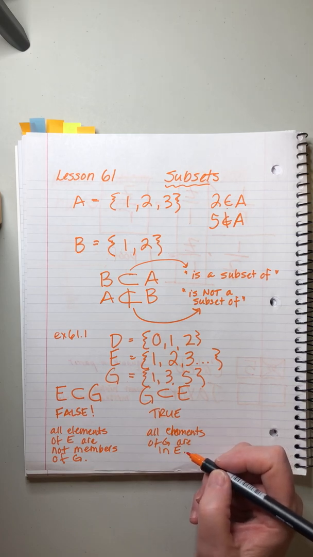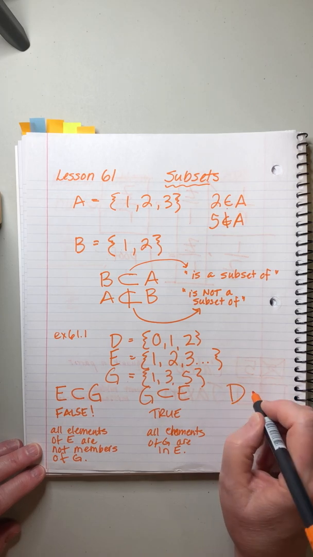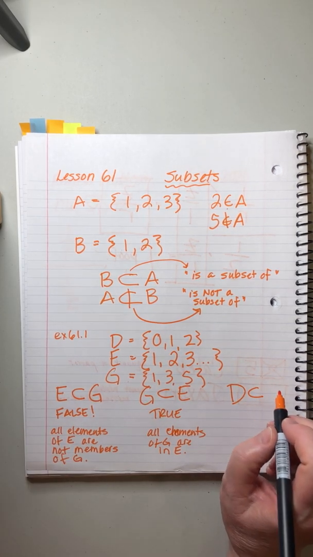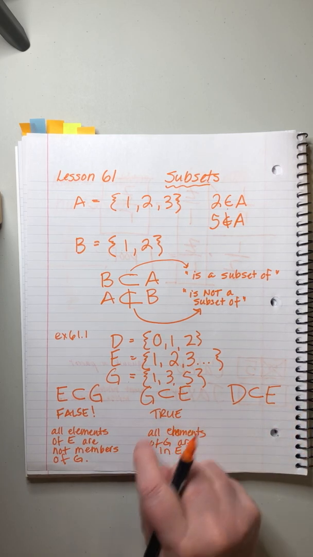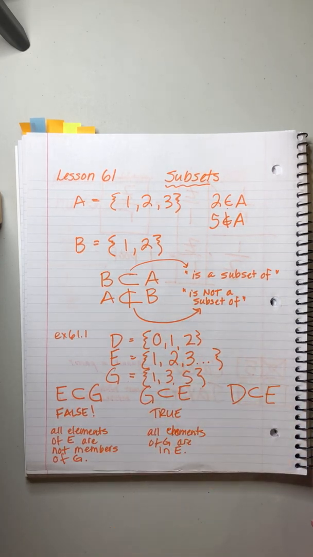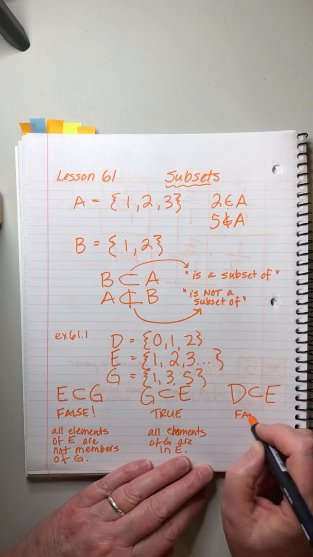Okay. And then the last one is D is a subset of E. D is a subset of E. I see that 0 is in D, but 0 is not in E. So this one is also false, isn't it?